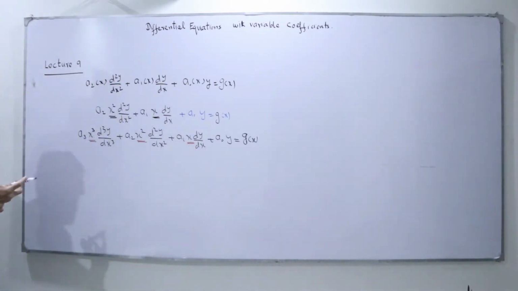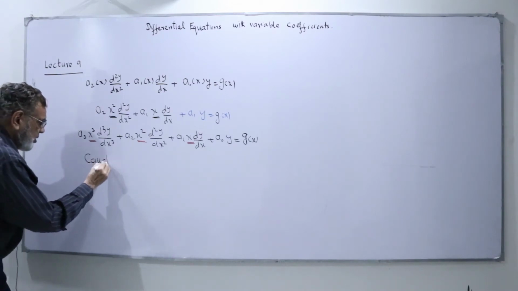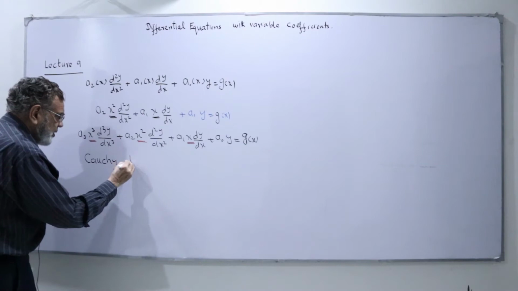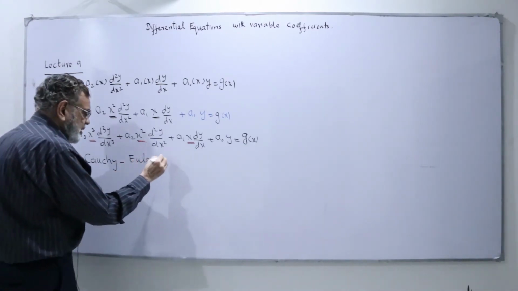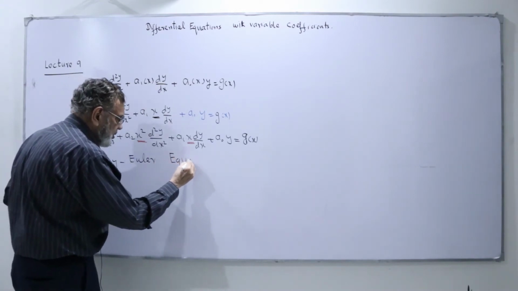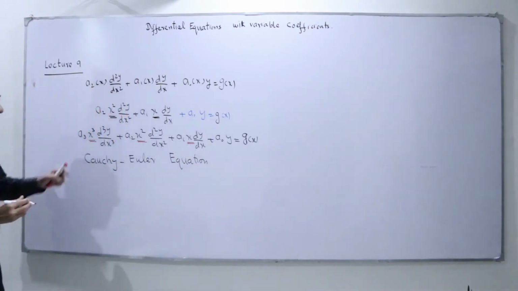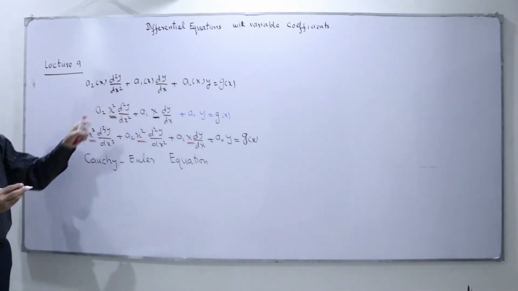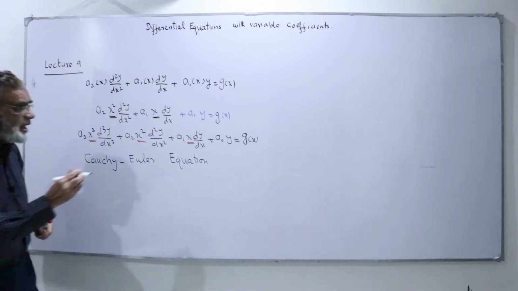These equations we call Cauchy Euler differential equations, or Cauchy Euler equations. This is a special form of equation, where each derivative is multiplied by x to the same power as its order.